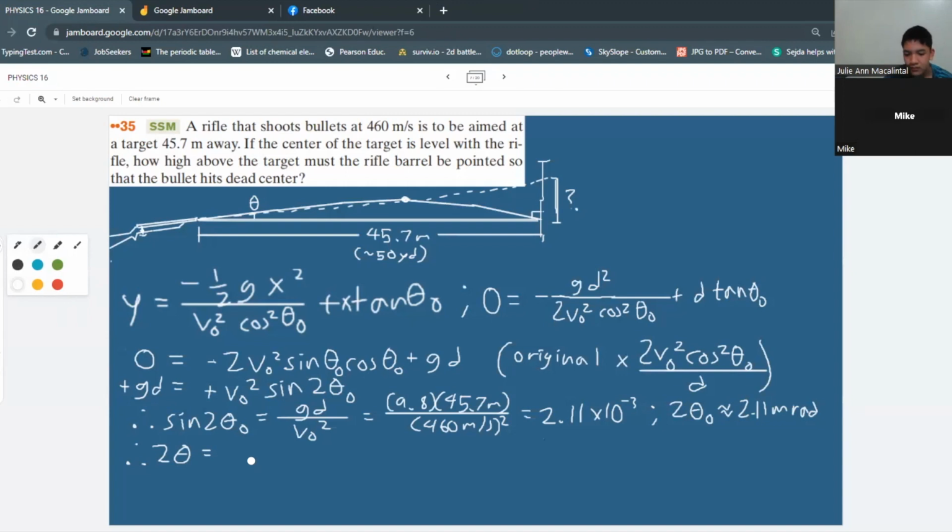Tapos, ngayon, sine inverse. So, 0.12. So, divide by 2.